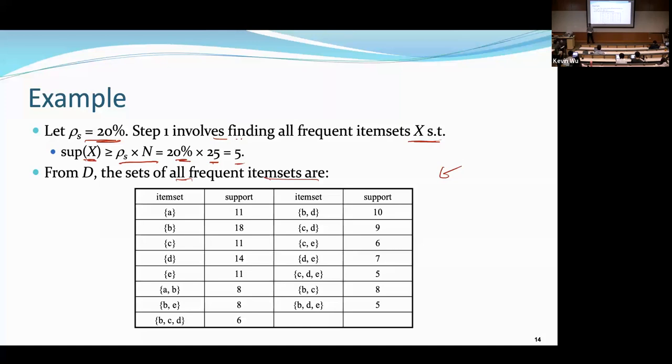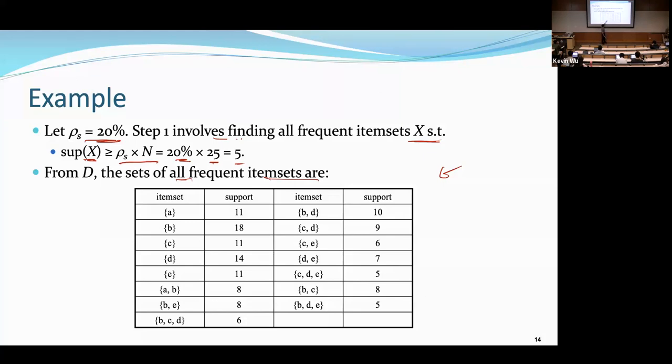Now, how exactly do I compile this table? How exactly do I process the data set to obtain all these counts? These would be the details of step one that we will discuss later. For the moment, let's assume that we have some way of compiling this table. In particular, we have all these support counts of the frequent item sets.